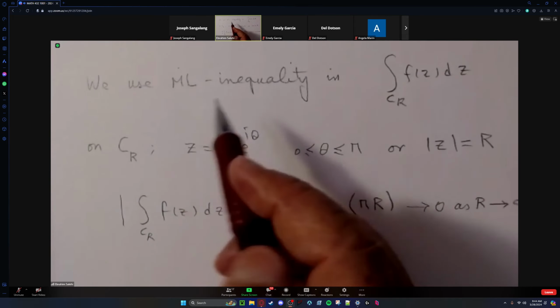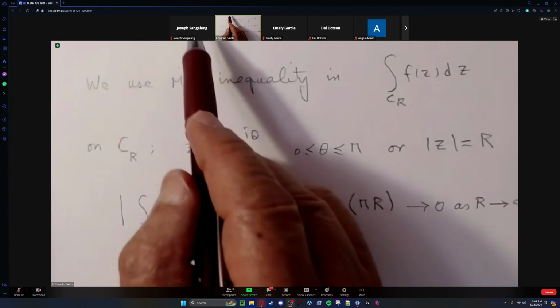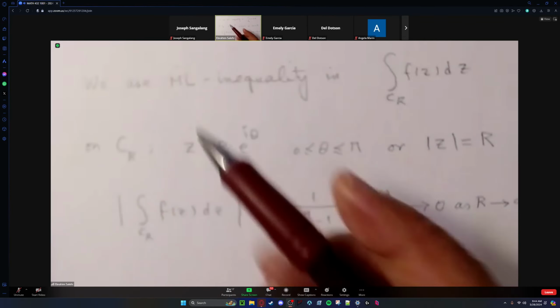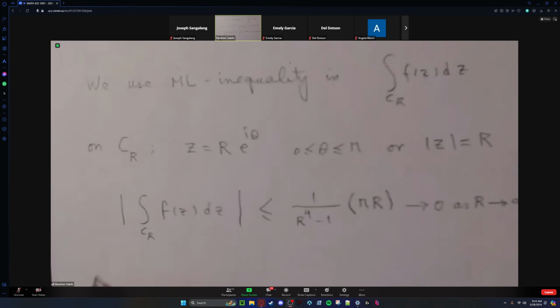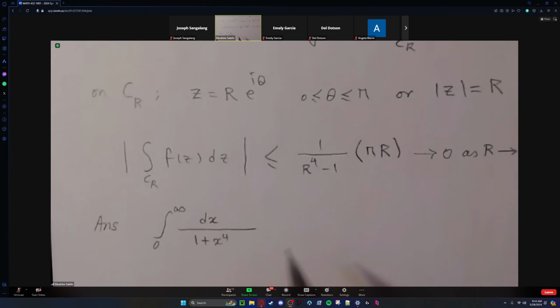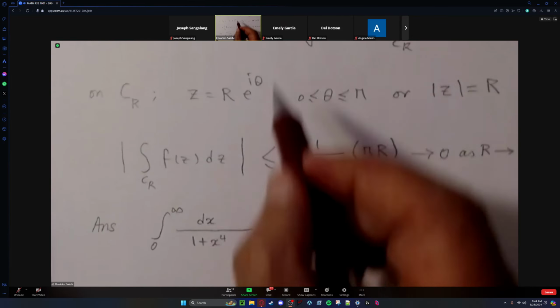But this is from negative infinity to infinity. The answer to the main problem that I started from 0 to infinity, dx over 1 plus x to the 4, is half of it, all right?